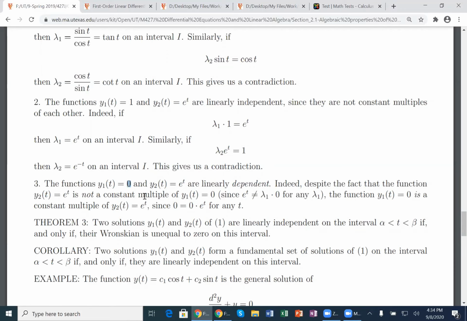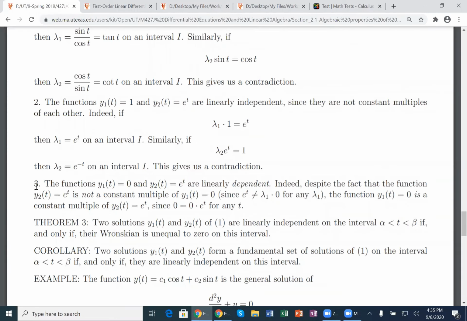However, 0 is a constant multiple of e to the t, because 0 is 0 times e to the t. It's exactly what is written here. So, despite the fact that y2 is not a constant multiple of y1, since y1 is a constant multiple of y2, these functions are dependent.